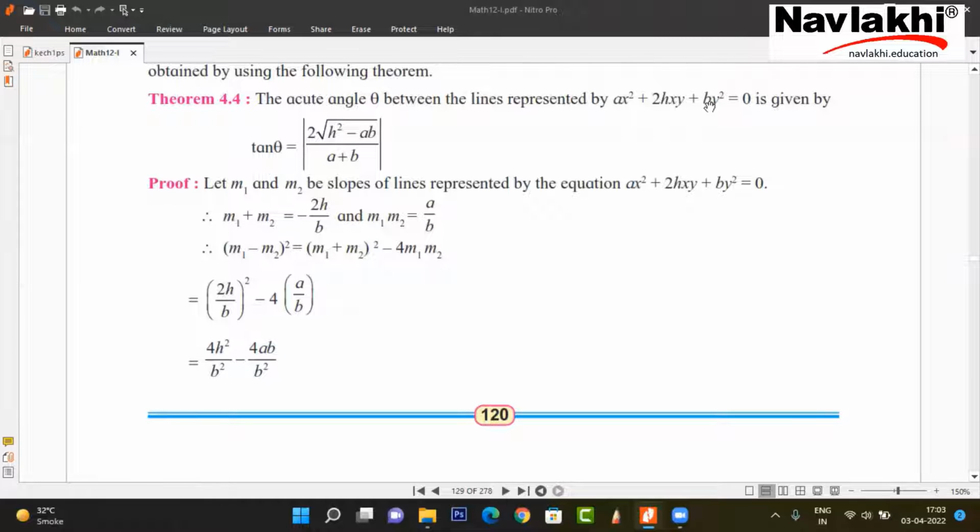Both the lines are passing through origin in our syllabus. Then that angle I can find using tan theta is equal to mod 2 root h square minus ab, whole thing divided by a plus b.